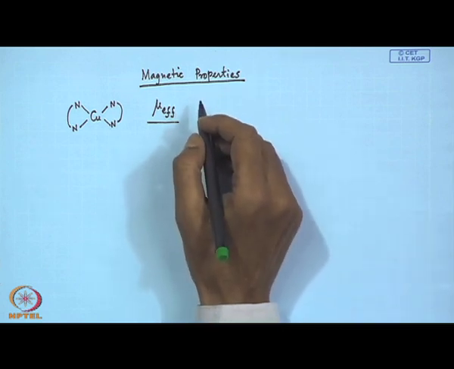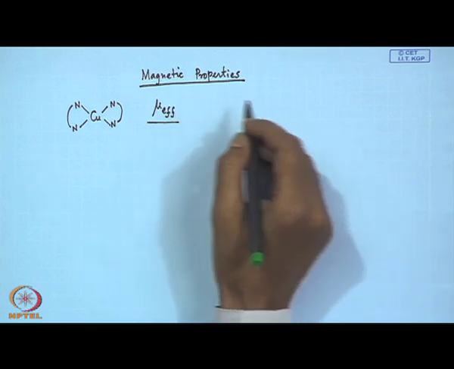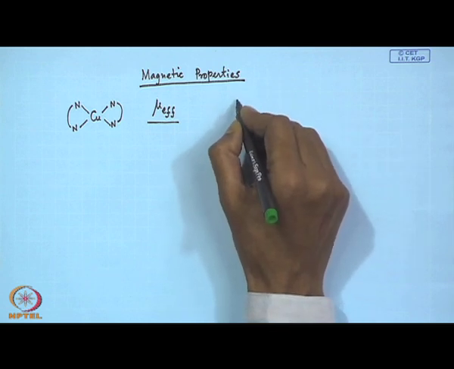This area has now become a very complex one after the introduction of so many cluster or cage-like complexes.